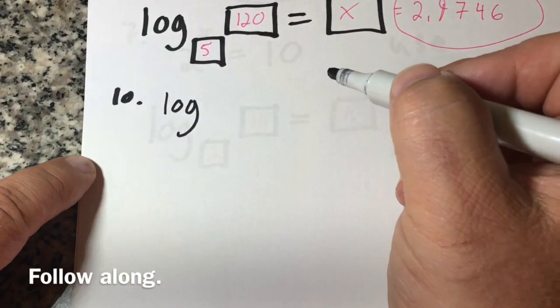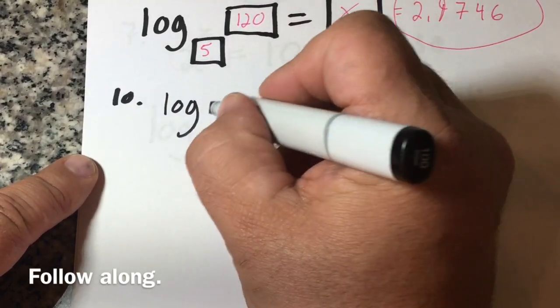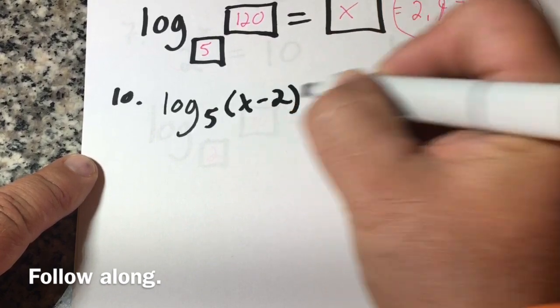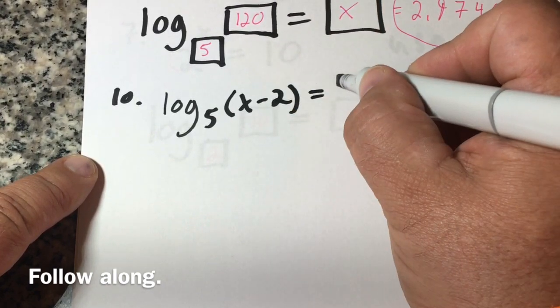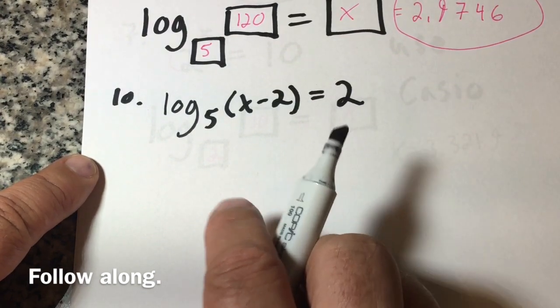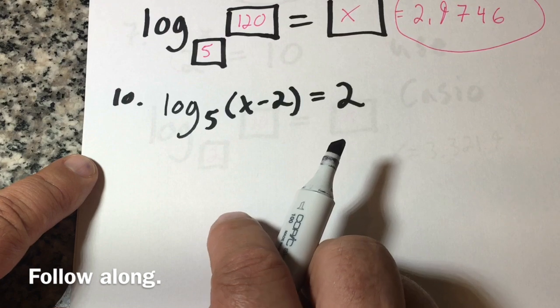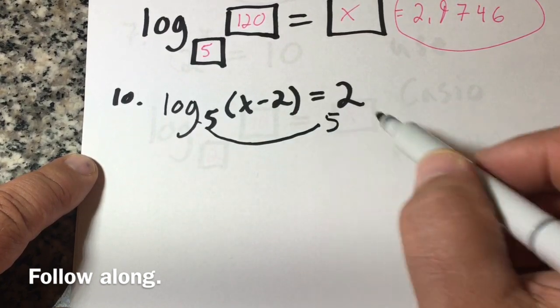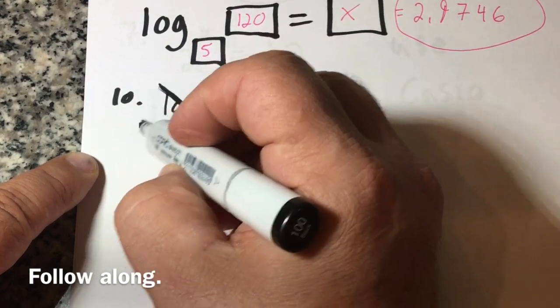Log base of 5 of x minus 2 equals 2. Now this one, instead of leaving it in logarithmic form, I want to rewrite it in exponential form. And here it is, that log leg kicks that 5, the 5 goes over there, pushes up to 2, that's going to give me 5 squared, and then the log leg runs away.